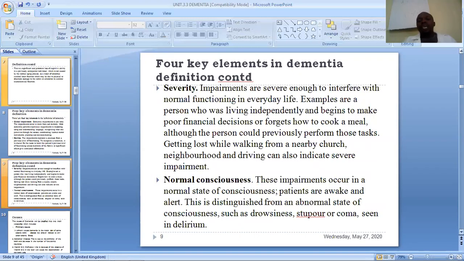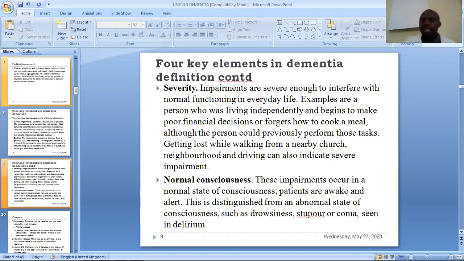The other thing to look at is normal consciousness. If someone presents with failure to perform certain activities of daily living, whilst they are fully conscious or their consciousness is normal, then you can suspect this is dementia. Because remember, I've mentioned in delirium, the consciousness deteriorates also. They may be in coma or stupor.